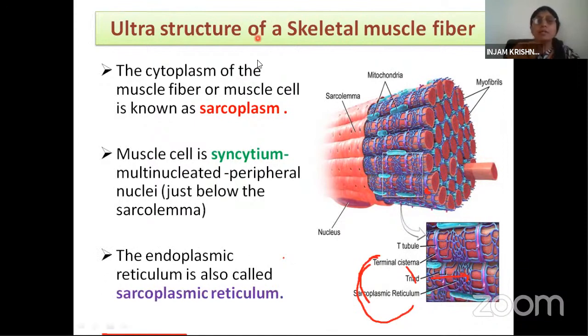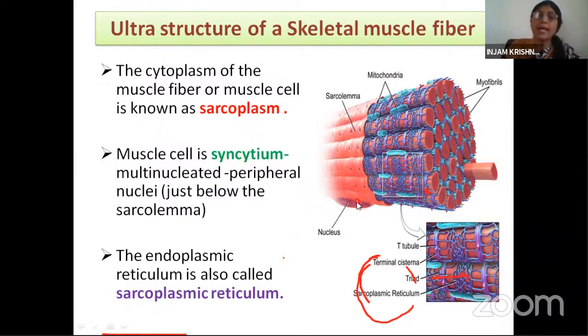I will take this one. Yes, this is the sarcoplasmic reticulum. And the muscle cell is a syncytium. What is the meaning of syncytium? Syncytium means multinucleated. So a number of nuclei are present here and here and on that side also. Such a cell is called a syncytium.